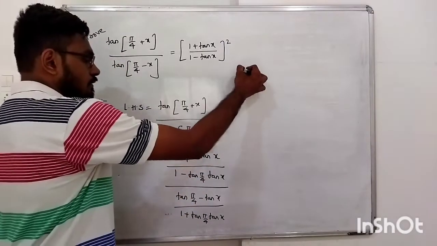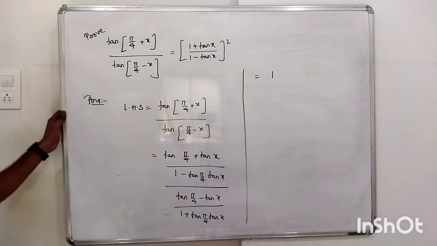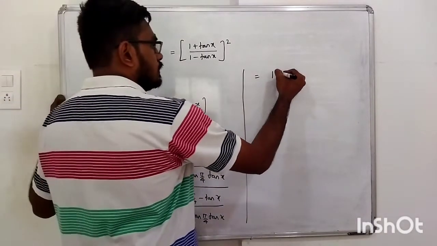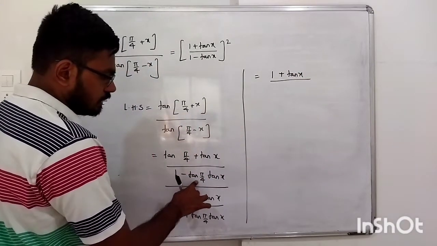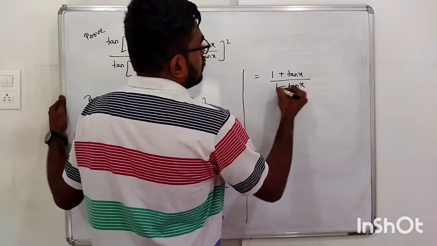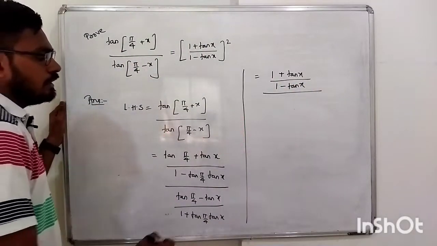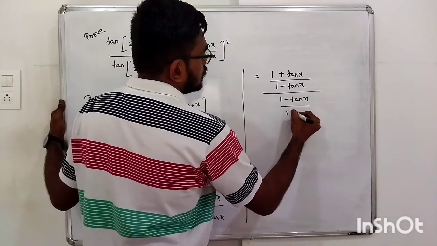Just simplify now. What is tan of pi by 4? It is 1, tan of 45 degrees. So (1 plus tan x) upon (1 minus tan x), divided by (1 minus tan x) upon (1 plus tan x).